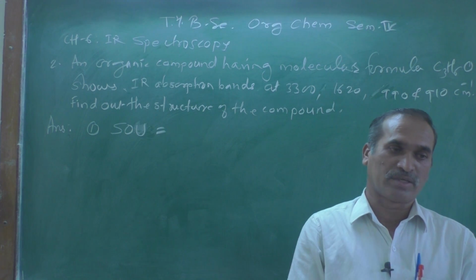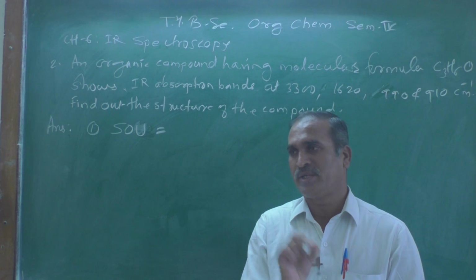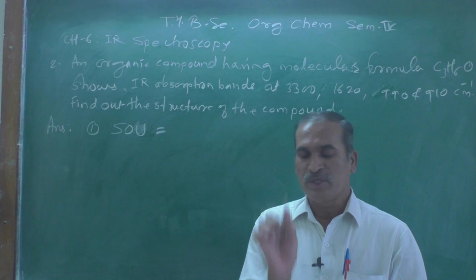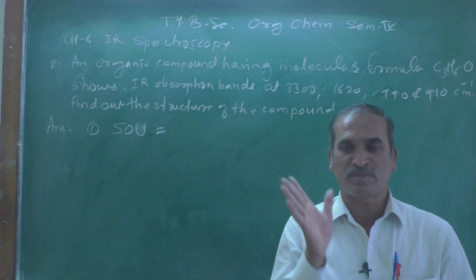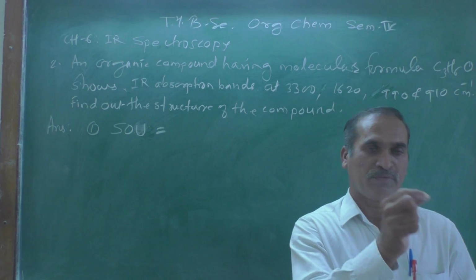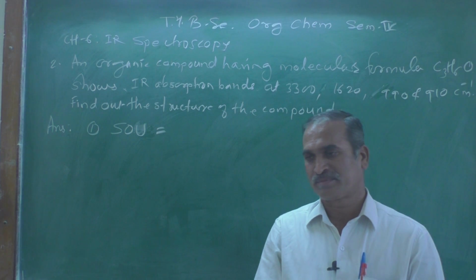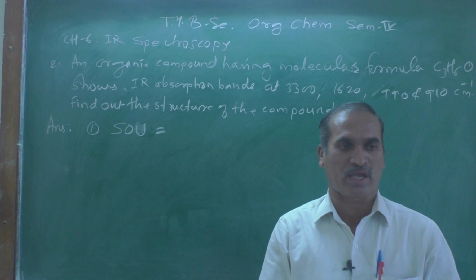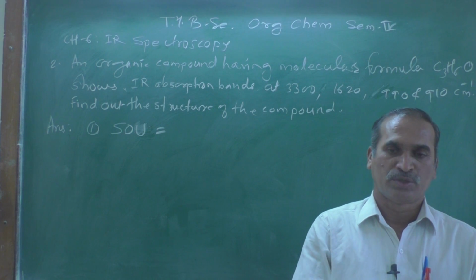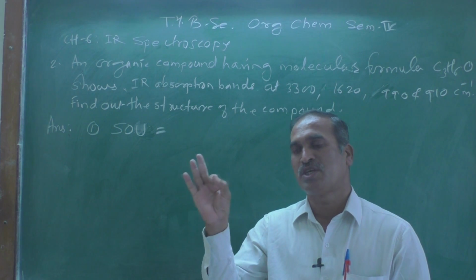And in the second method, what is the distinct point that differs from the first method? In the first point, each oxygen and sulfur atom, if present in the organic compound, you should replace by CH2.